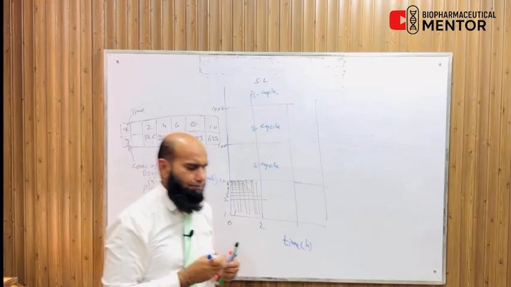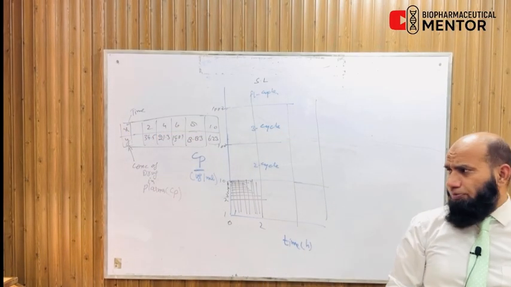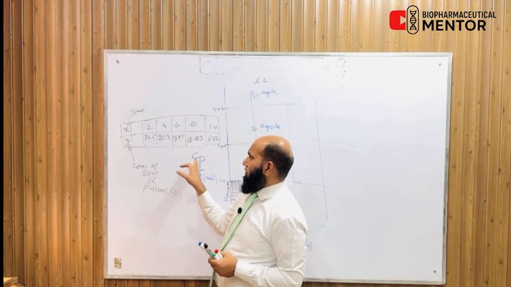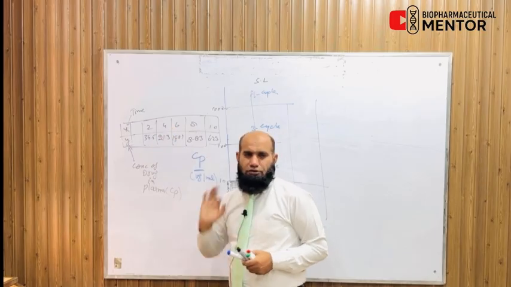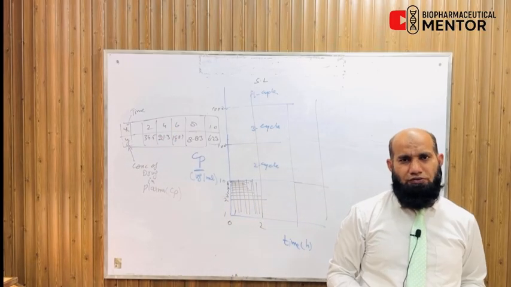Now this is the data, and we want to check an unknown concentration. For example, we want to check the concentration of this drug at 5 hours, then how can we check it? This is our main question.